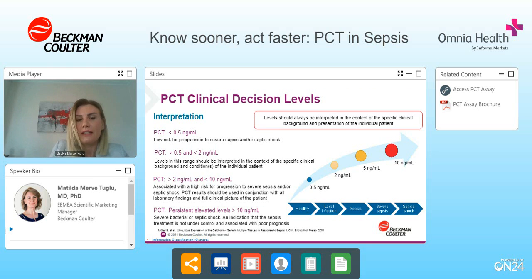Studies dedicated to clinical decision levels of procalcitonin showed that in non-septic conditions, plasma procalcitonin concentrations are found to be below 0.5 nanogram per milliliter. Concentrations exceeding 0.5 nanogram per milliliter but less than 2 nanogram per milliliter should be interpreted in the context of the specific clinical background and conditions of the individual patient.